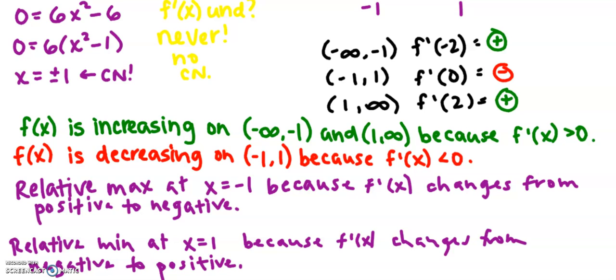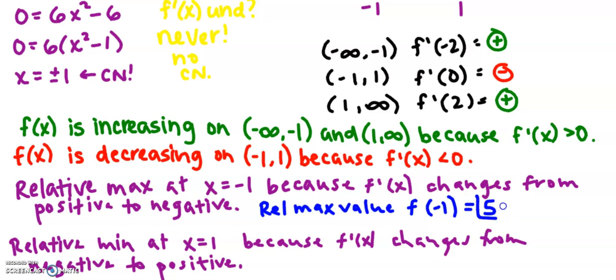Okay, but then we just found out where this is happening, right? We have a relative max at x equals negative 1. But if I want to find the relative max height, or the relative max value, I need to find f of negative 1, which in this case is going to be equal to 5, because if you take negative 1 and put it back into the original function, we get 5.